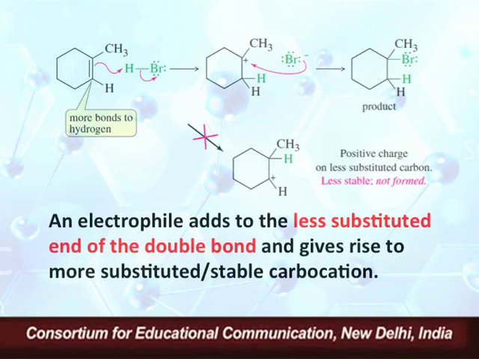Here again I have shown an example of 1-methyl-1-cyclohexene, in which the reaction is being carried out with HBr.